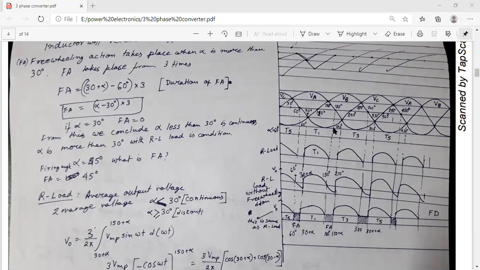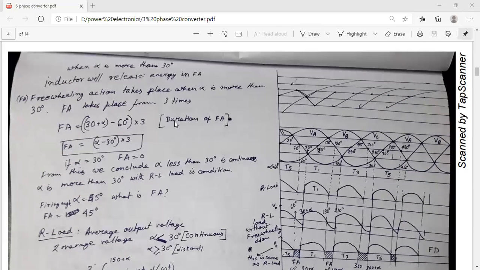Now if it is RL load, when alpha is more than 30 degree, the inductor will release energy in this discontinuous portion. When it is R load, you will get this discontinuity above 30 degree firing angle. But in case of RL load, it will release the energy stored in the L in the negative half cycle also.